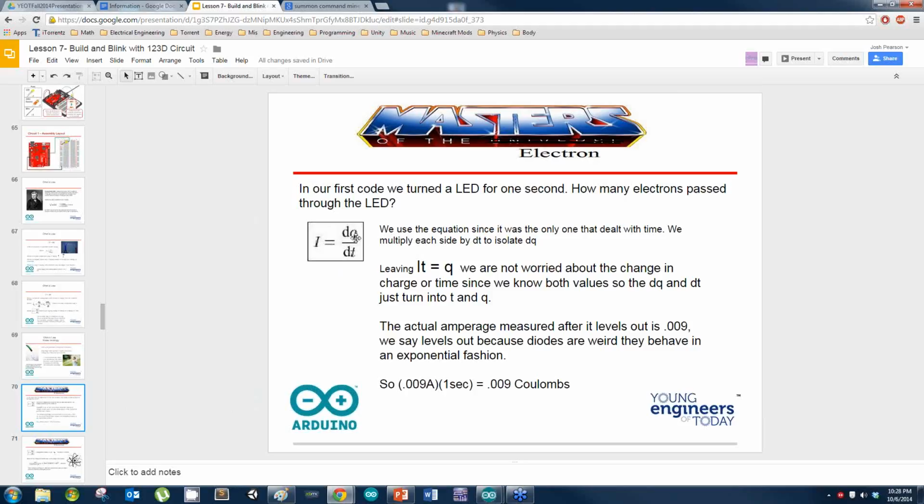If this is the formula for I, I need to know the charge Q. The reason I got rid of the dq and dt is because I already know two of the values, so I don't need to know the difference in charge; I can just say it as q. This is calculus, derivatives of the charge and of the time.